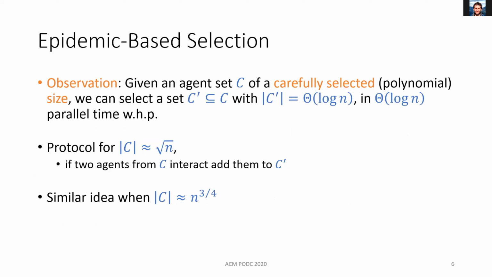So a simple observation is that if we start with a set of agents C that has a suitable polynomial size, we can quickly select a logarithmic subset, the C prime of this set. And one simple example of such a suitable size is, for example, square root of n, where this simple rule does the trick. Another such convenient size is n to the 3/4, which is the actual size that we use in our algorithm.